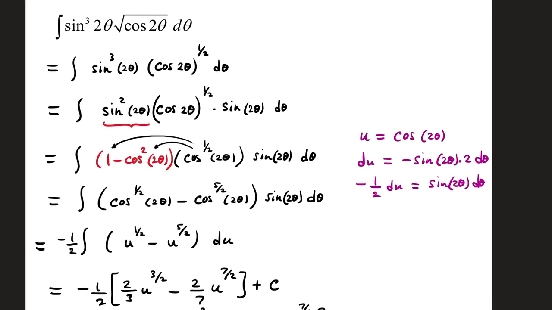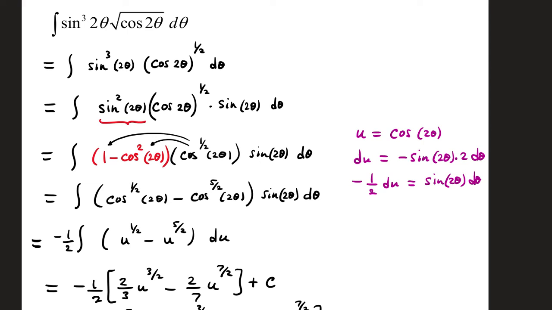In our next example, we have the integral of sine cubed of 2 theta times the square root of cosine 2 theta. First, let's rewrite this radical term with a power of 1/2. Sine cubed can be broken up into sine squared, and we'll leave a sine to the first as a leftover.